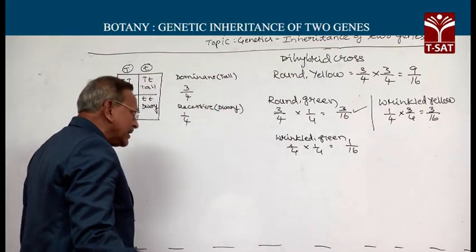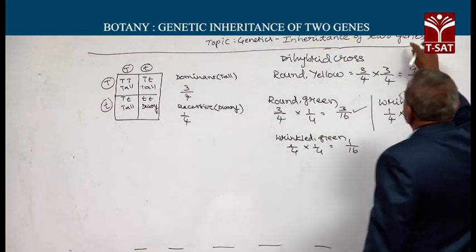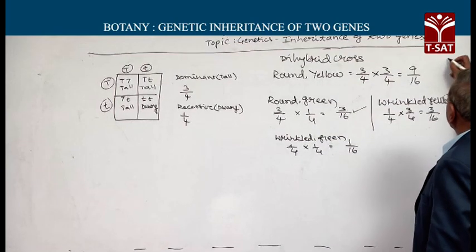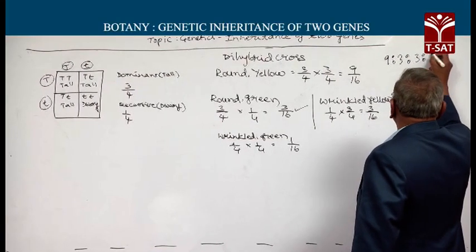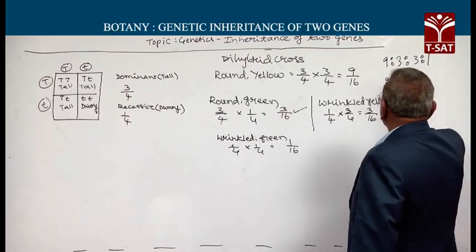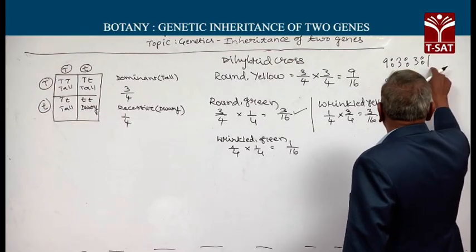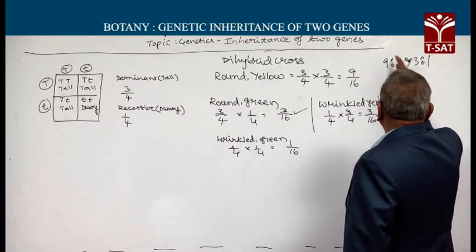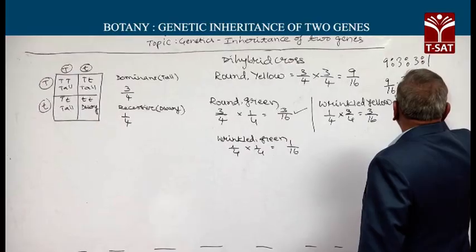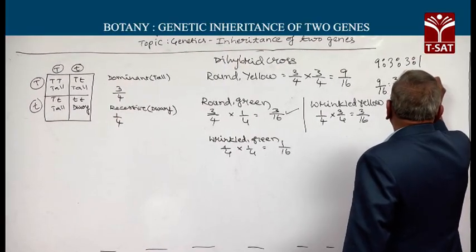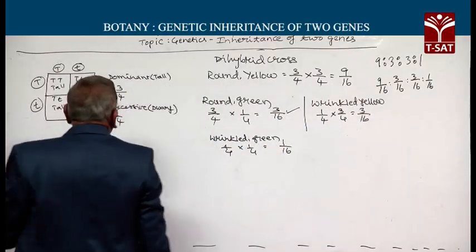So this tallies with the actual result we obtained in the dihybrid cross, the phenotypic ratio of 9:3:3:1. This also can be represented as the total, 9 plus 3 plus 3 plus 1, is 16. So 9 out of 16, 3 out of 16, another 3 out of 16, and 1 out of 16.